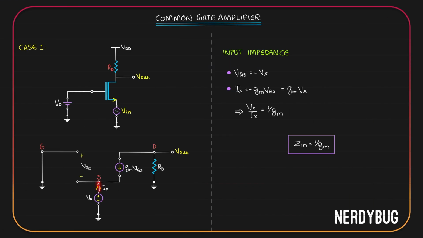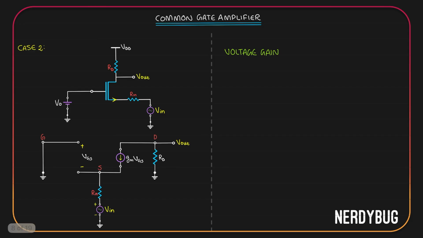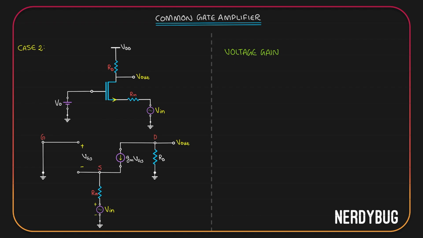If I look into the source, this much of the circuit can be considered equivalent to a resistor of resistance 1 by gm. Over here, the only additional thing we have along with Vin is Rin. So Vin is in series with Rin, and it is in series with 1 by gm. Which means we can model this circuit in a much simpler way like this.